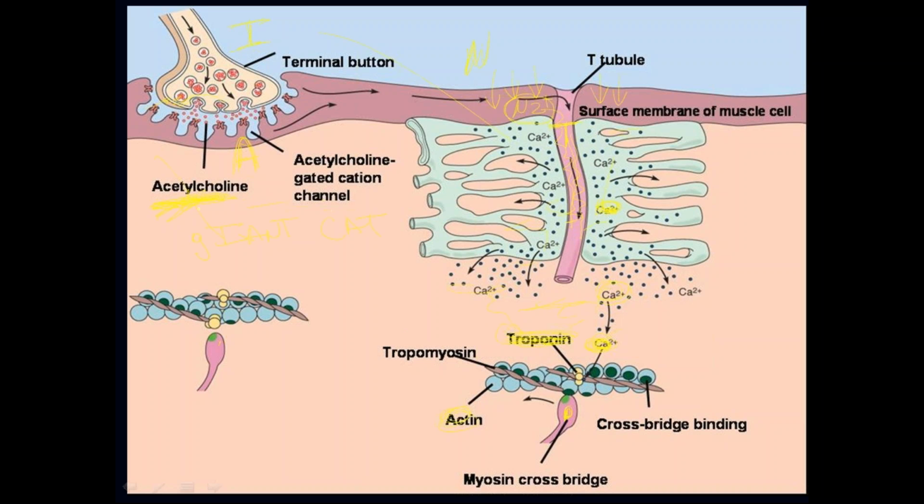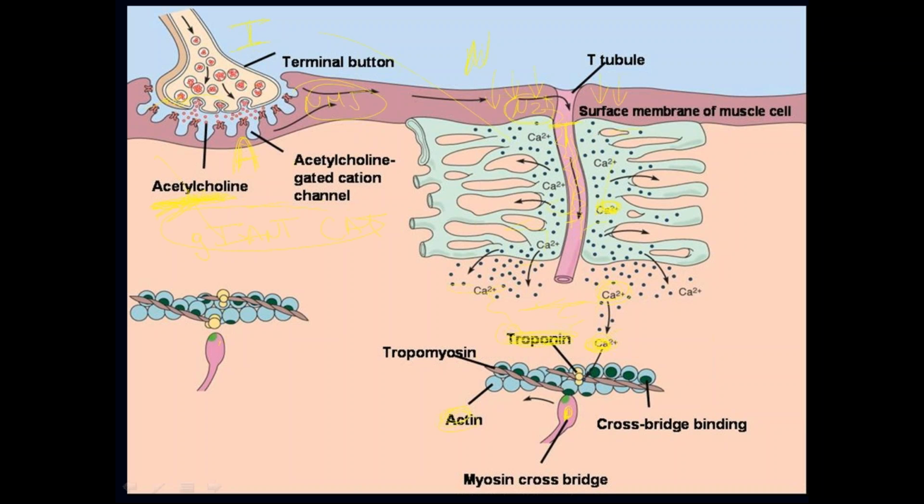Easy to remember. So now I want to go even further than this. Here we have the transition between the nerve and the muscle. This is a nerve, and this is the muscle. That is called the NMJ, the neuromuscular junction.